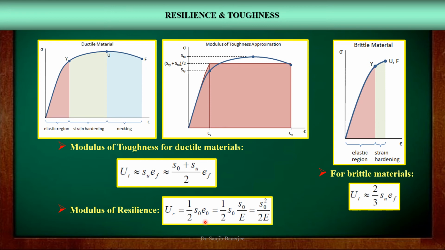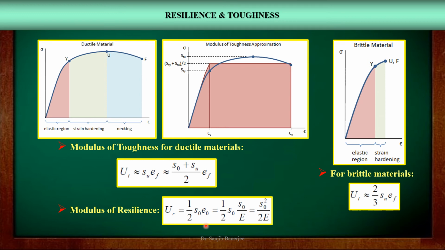Thus, the modulus of resilience, which is denoted by UR, becomes the area of this right-angled triangle, which is equal to half into S0 into E0.